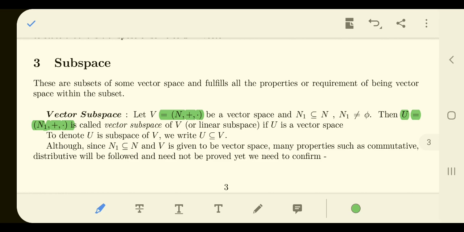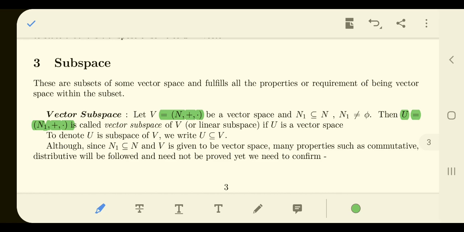So if you go through all the properties, we try to find out how many properties are inherited, because N1 is a subset of N and all other things are exactly the same, and which properties we have to check to identify whether they are still there or not.